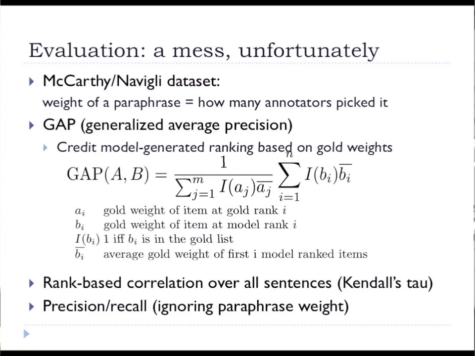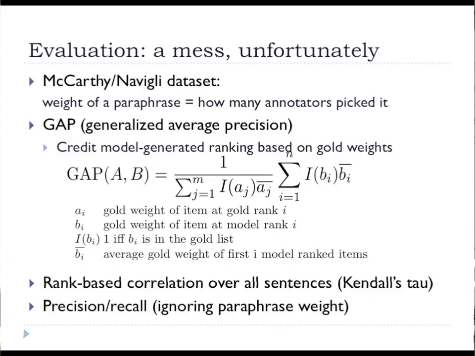The paraphrases there are weighted by how many annotators picked them. And a lot of people use these weights in evaluation by using generalized average precision, where they credit the model-generated ranking based on the gold weights, where the gold weights are how many people picked this paraphrase.